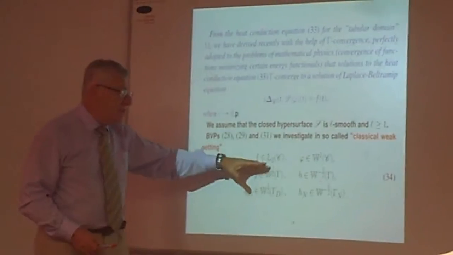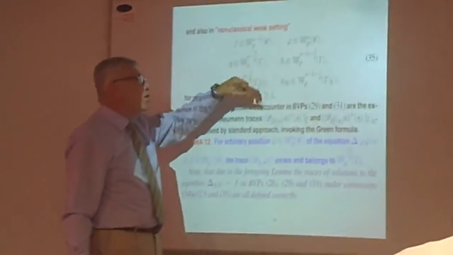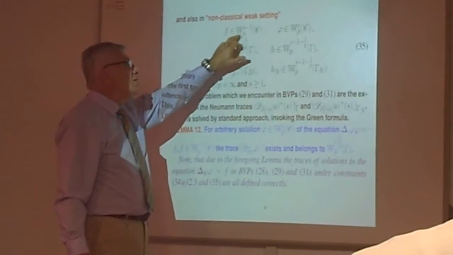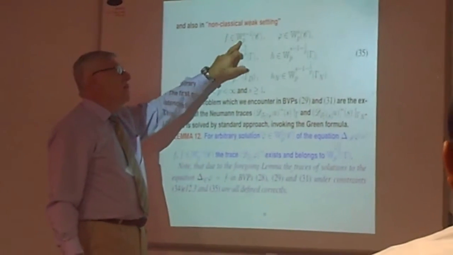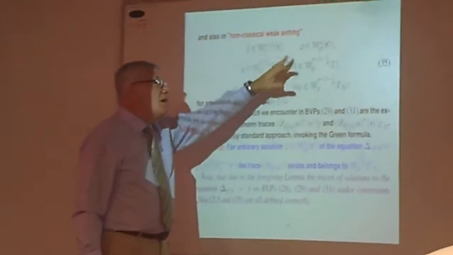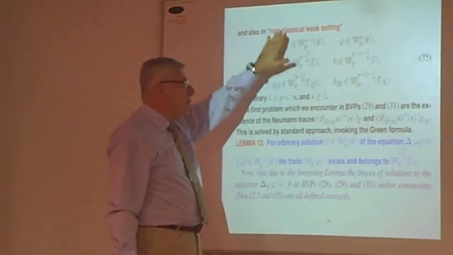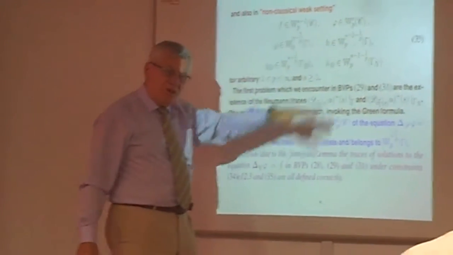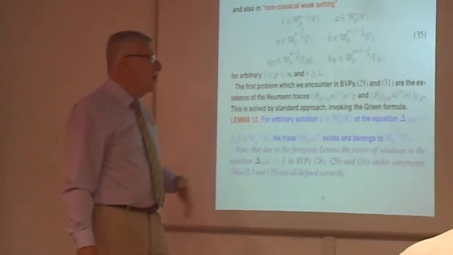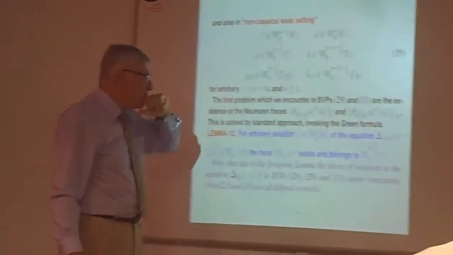We can also consider a non-classical setting, when F belongs not to Lp, L2, but to a certain Sobolev-Slobodetsky space. It is a more general setting of the problem, and Bessel potential spaces can also be involved, and this is harder to investigate. I will tell you why.